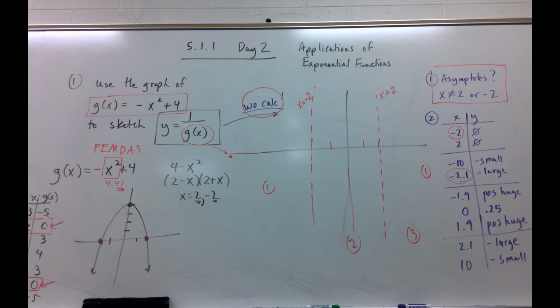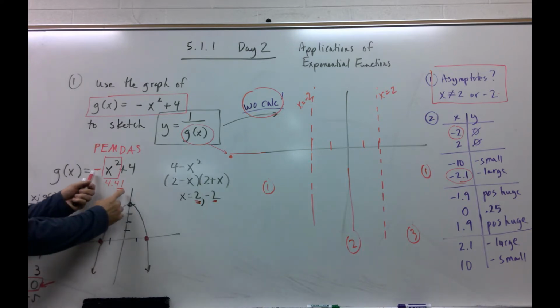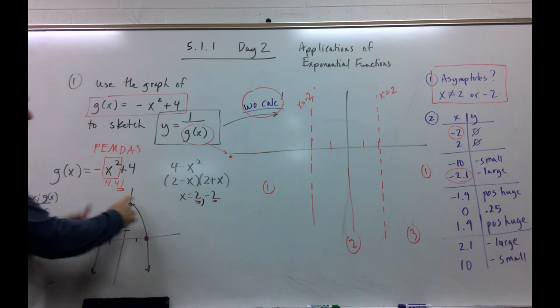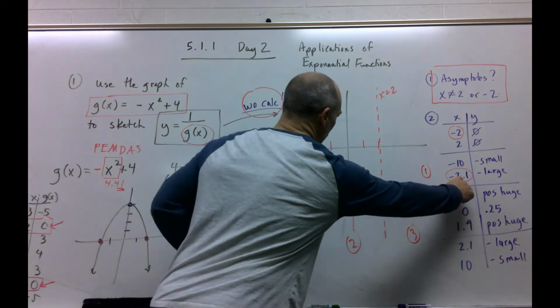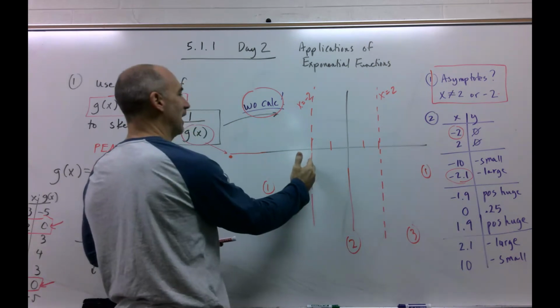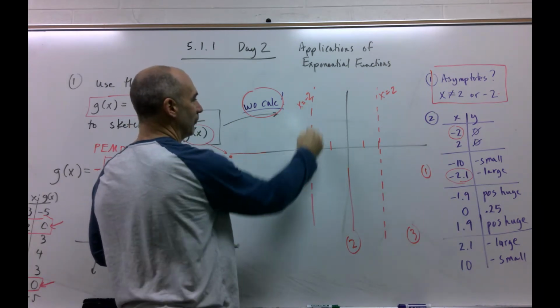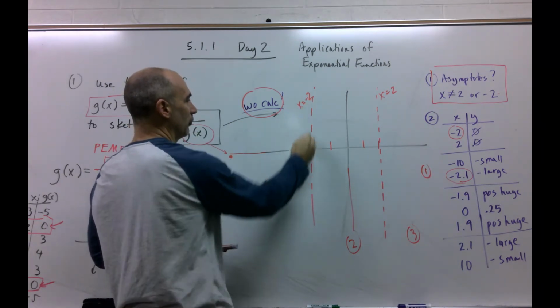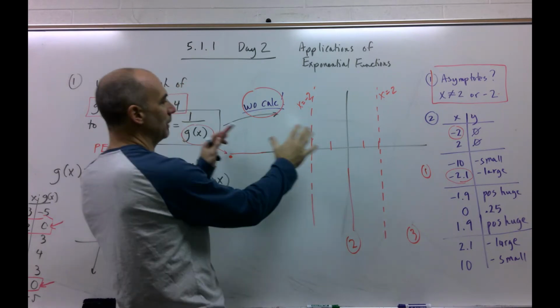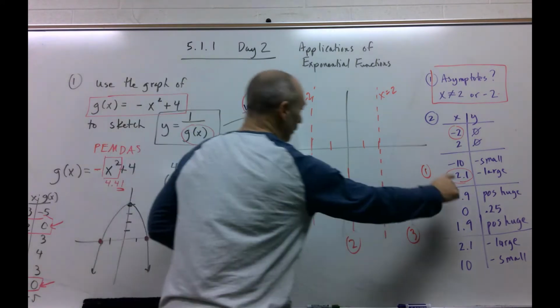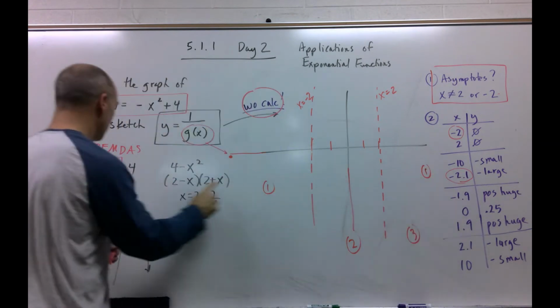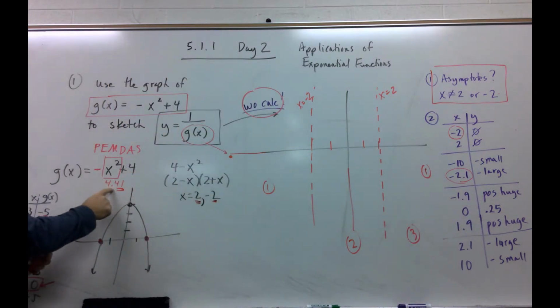All right, sorry about that. So I go back to here, negative 4.41 by plugging in negative 2.1. Why did I plug that in? Because it's just on the other side of x equals negative 2. I want to see what happens really close to the asymptote, and it's going to give me a picture of what's going on. Here's what I forgot to do. Plug that in, I get negative 4.41 plus 4 is negative 0.41.